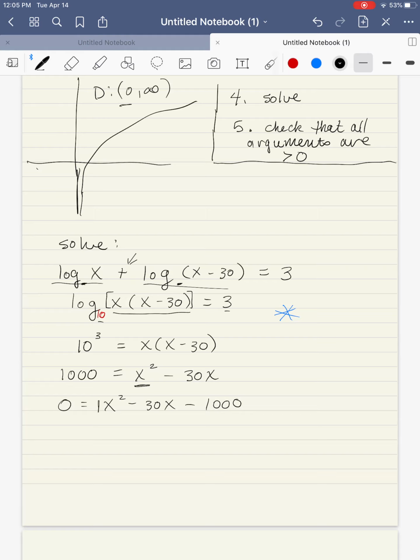I look for any common numbers, which there aren't any because this is already an understood 1. And then I try to factor. And because we have a 1 as our coefficient, we can just think two numbers that multiply to give me negative 1,000 and add to give me negative 30.